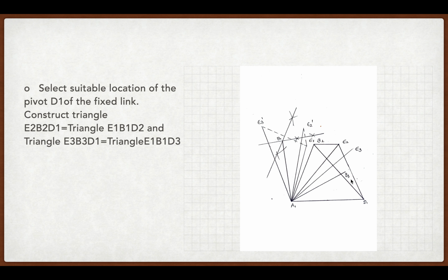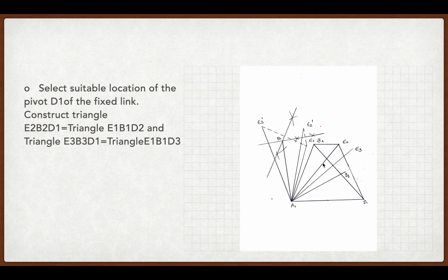After drawing the three input link positions, we take a suitable point D1 on the fixed link. Now we join the point D1 to E2 and B2, thus forming the triangle E2, D1, B2. Now we are required to select another point D2 such that triangle E2, B2, D1 is equal to triangle E1, B1, D2.